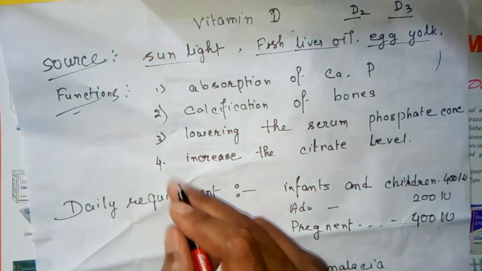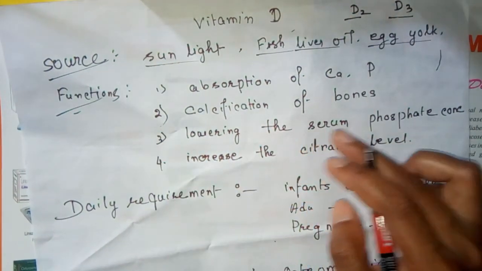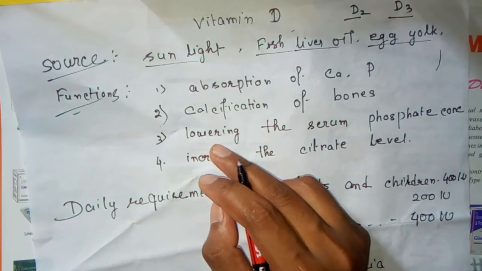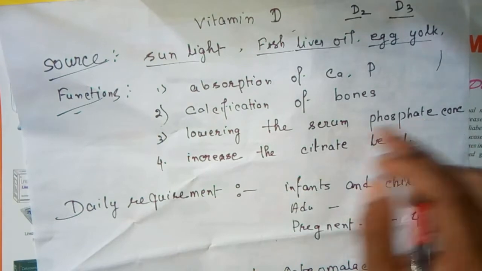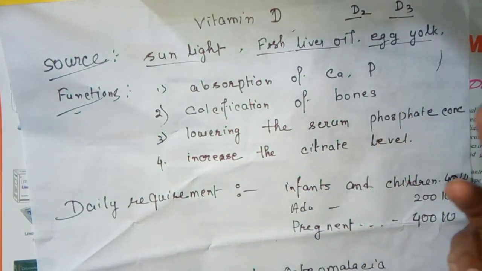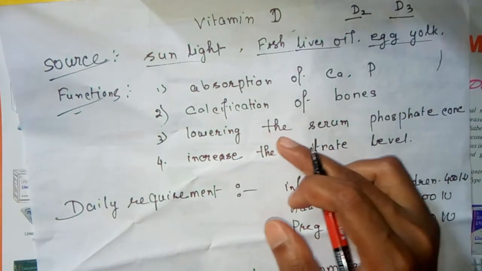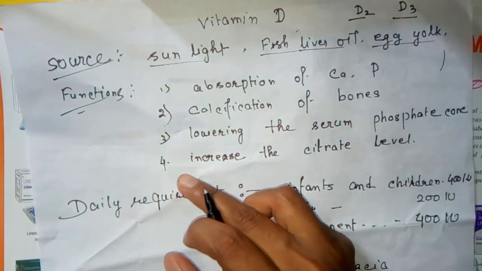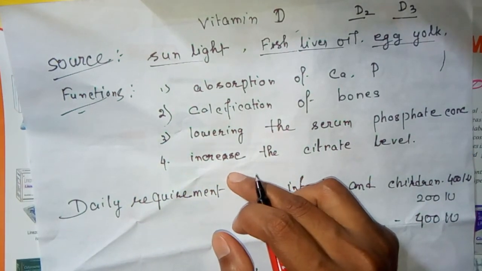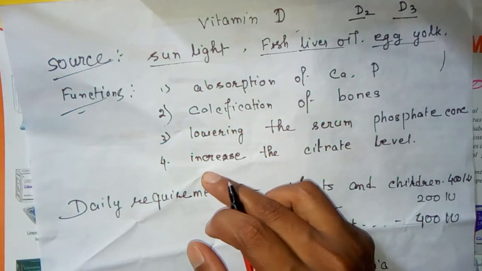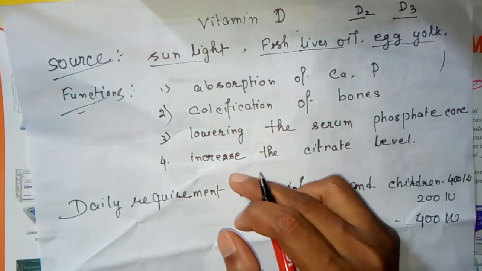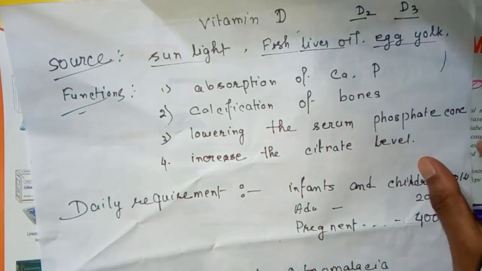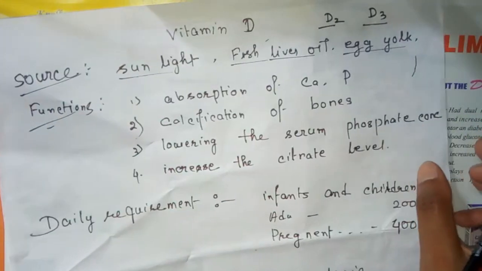Number three, it increases the excretion of phosphate, and by this it lowers the serum phosphate concentration. Number four, it increases the citrate levels of blood, bone, kidney, and also heart tissues.